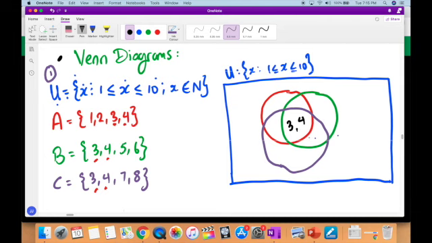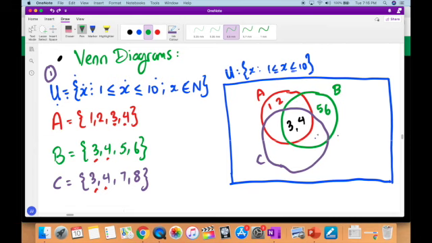That 3, 4 is in the set A. It is also in the set B. And it is also in the set C. So we can see here that we have 1, 2 being a part of the set A. We have 5, 6 being a part of the set B. We see here that there is no intersection between A and B alone.